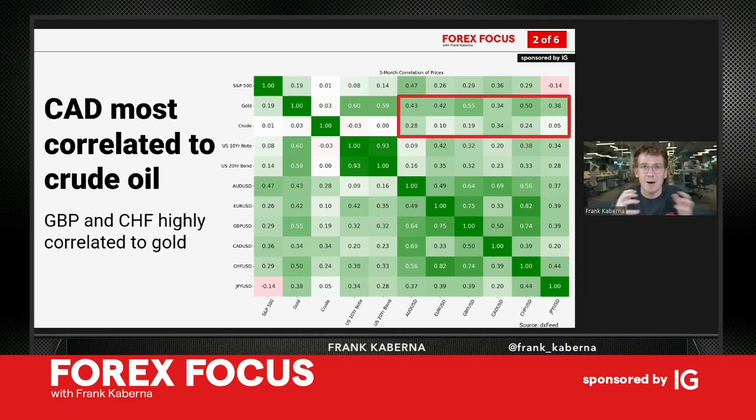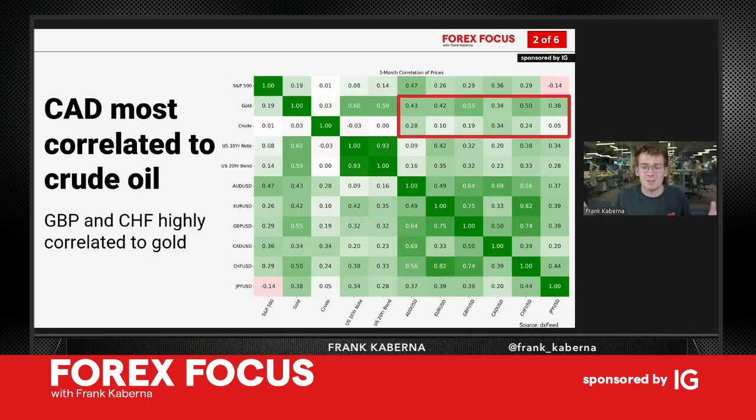And that's that commodity currency piece. Canadian dollar closer to crude oil a little bit there. Historically, Australian dollar closer to gold, but right now, pound and Swiss franc very highly correlated, above 0.5 to gold.